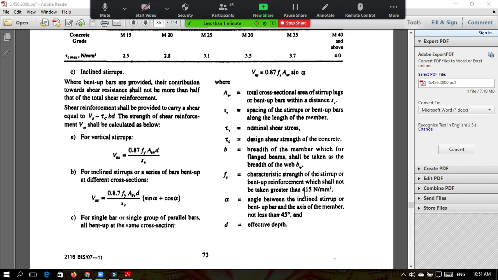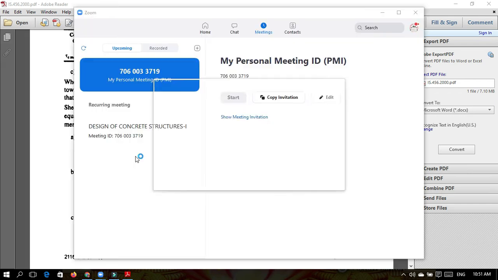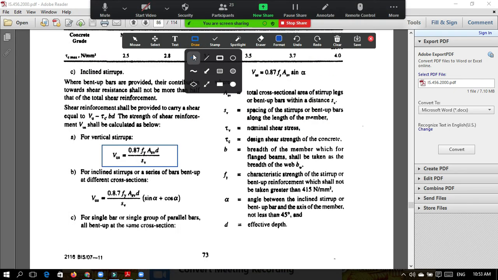Here the formula is given, just for the spacing of vertical stirrups. This formula we are going to use to calculate the shear reinforcement.